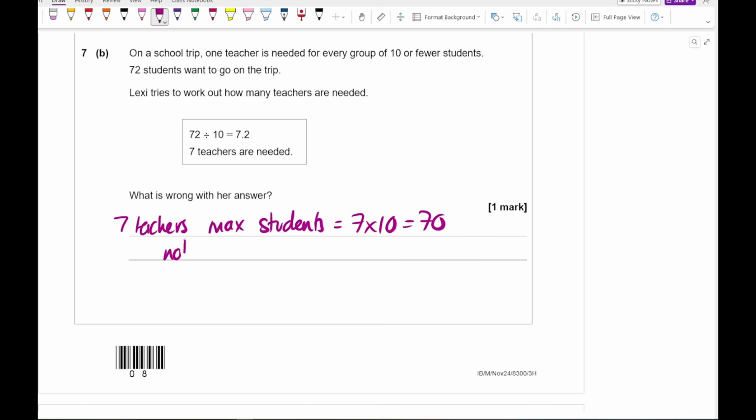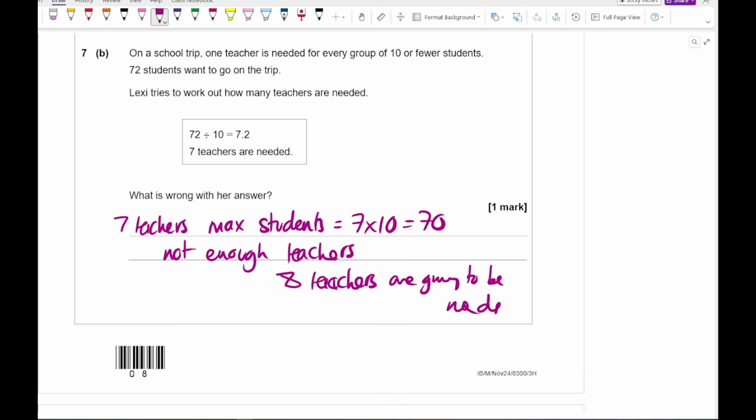So there are not enough teachers, and you could also say something along the lines of that 8 teachers are going to be needed. So something along those lines would be absolutely fine as your answer.